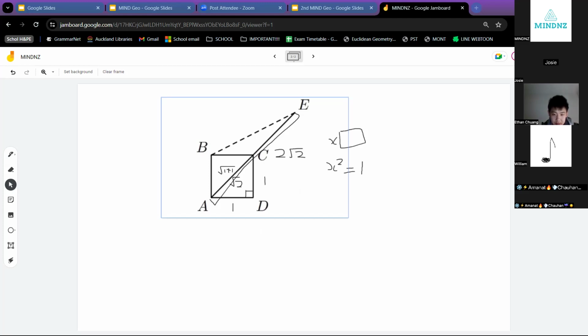So I'll give you guys another hint. You could perhaps extend AB, then extend this line here and create a point P. So this is an imaginary point that I have just created.